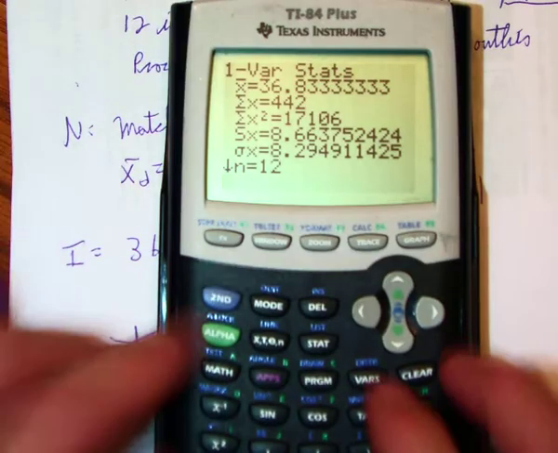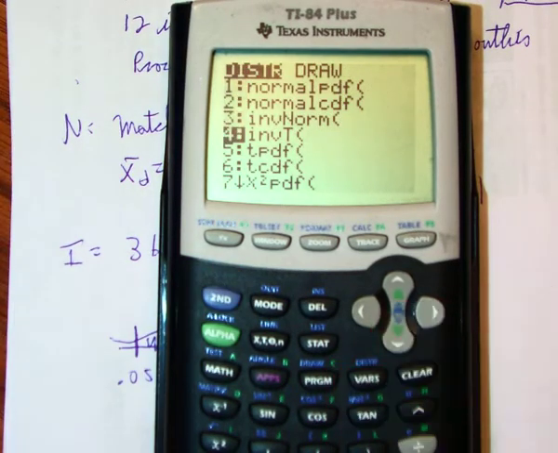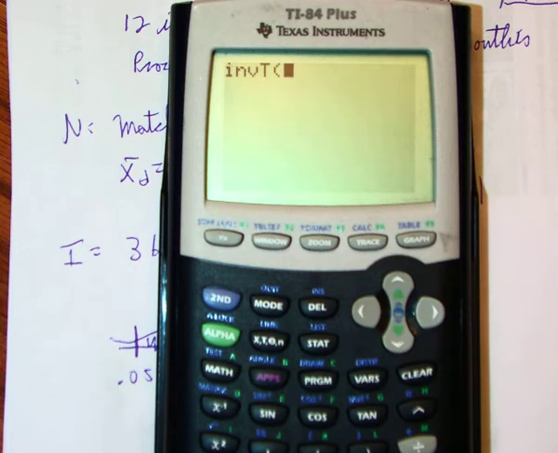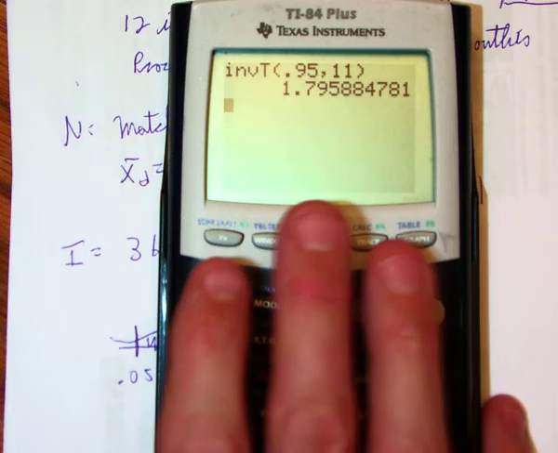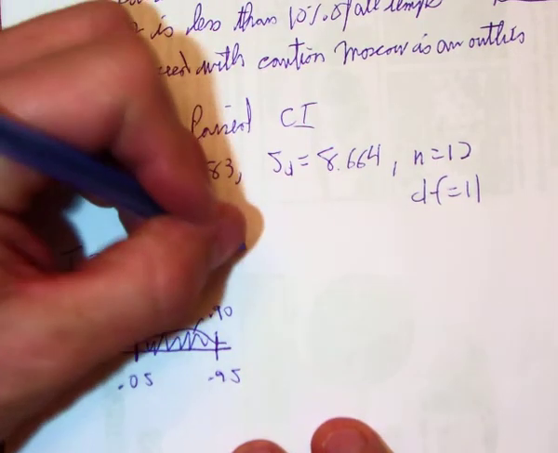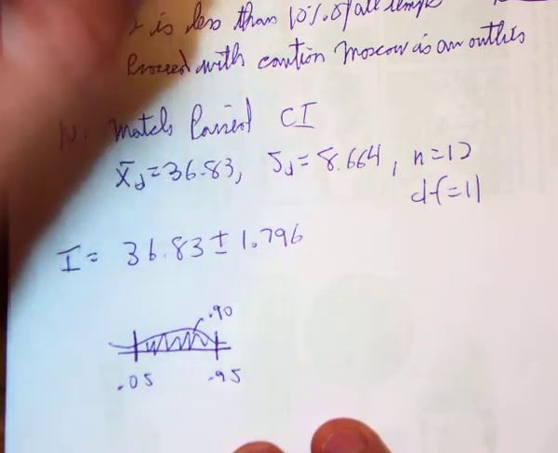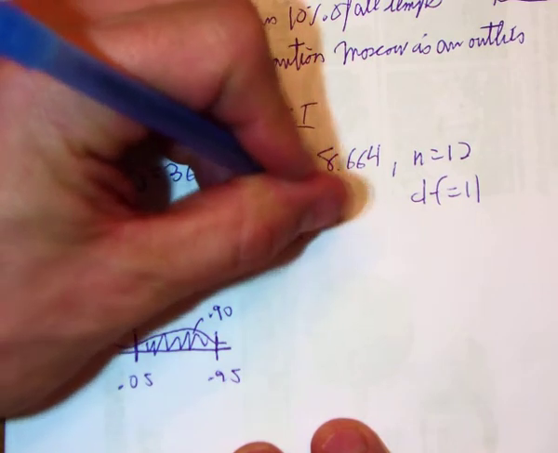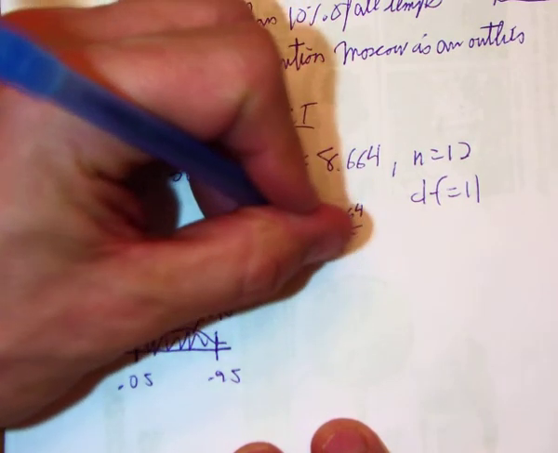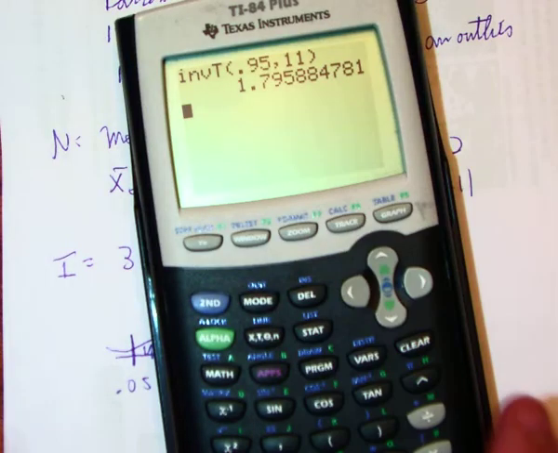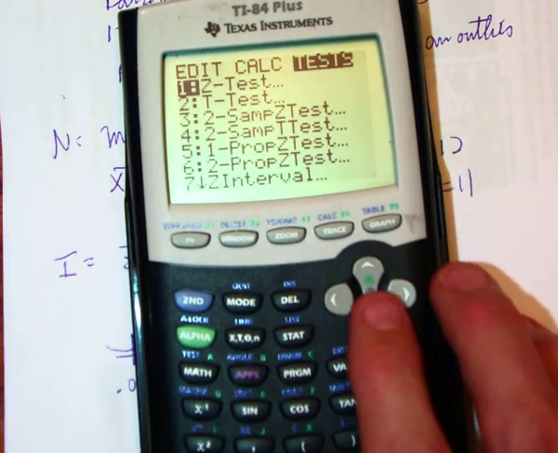Okay, so we got to go with the second distribution, inverse t, and we're going to do 0.95 with 11 degrees of freedom, and you get a t of 1.796. Okay, so this is going to be plus or minus 1.796 times the standard deviation over the square root of n.